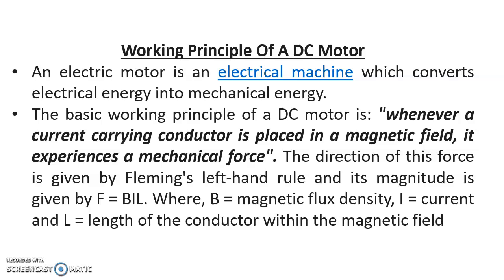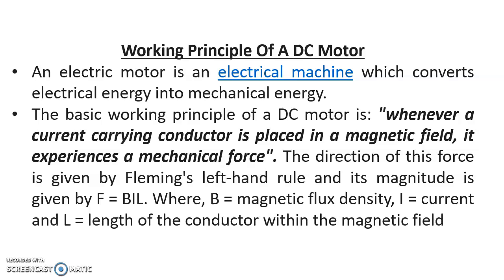What does it mean? If a conductor carrying some amount of current is placed in a magnetic field which is already present there, then what will happen? It will experience a mechanical force.